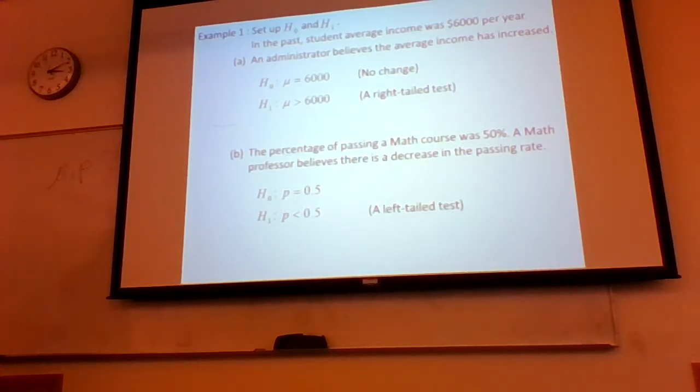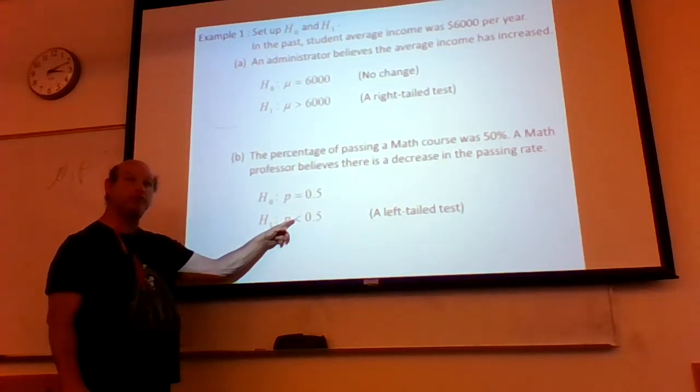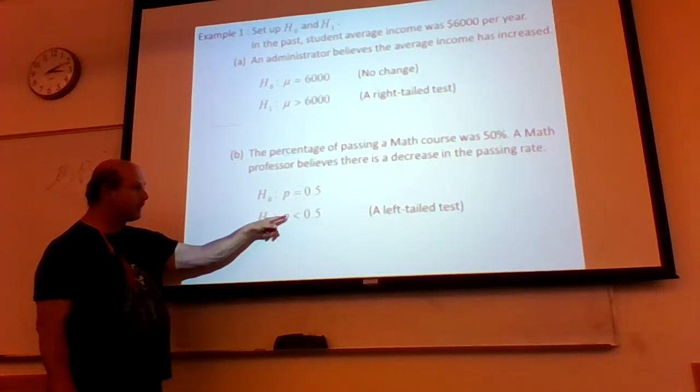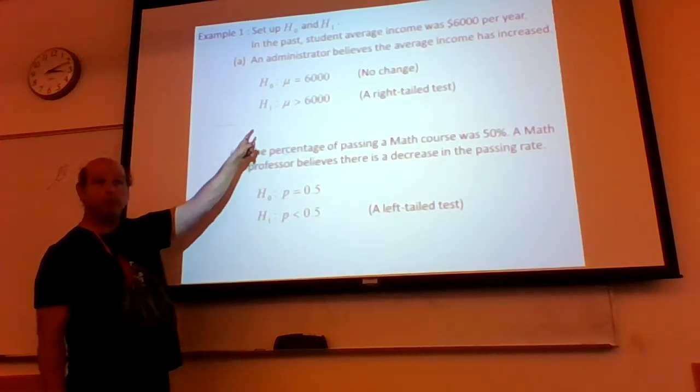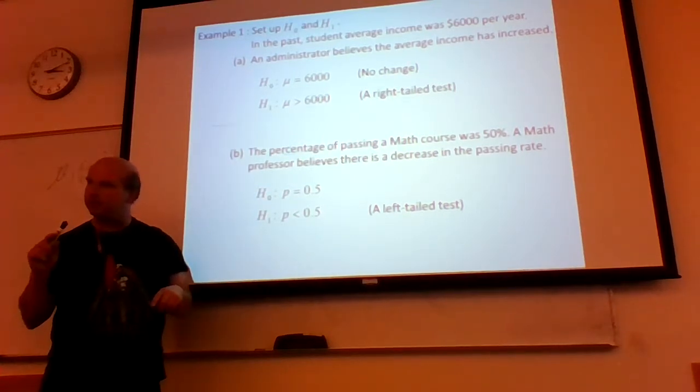Okay, and just for completeness for you, if it had a not equal to here, it would be called a two-tailed test. So if we had not equal to, whether it's P or mu, you'd put not equal to. Does everybody know what I mean by not equal to? Yes.